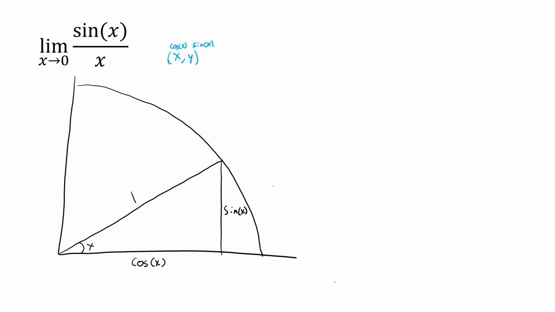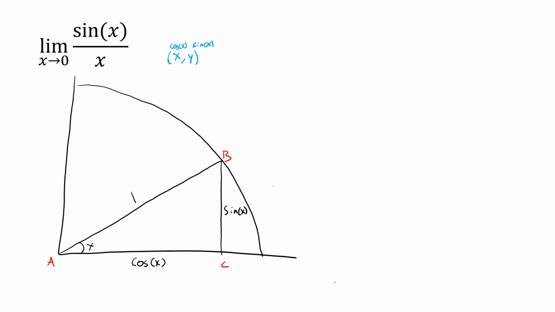We've made this right triangle here, which shows the definitions of cosine and sine. So I'm just going to label this as triangle A, B, C. Now I'm going to sketch tangent of theta.